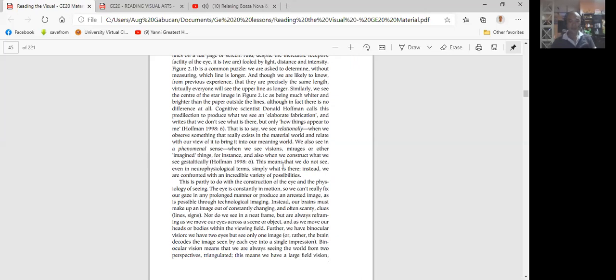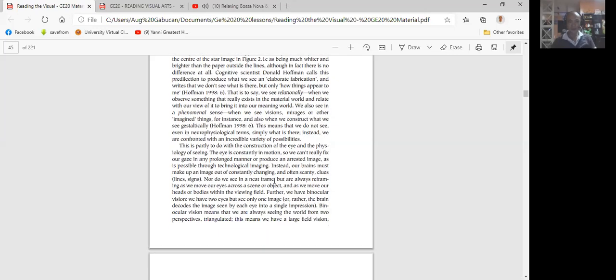gestaltically, this means that we do not see, even in neurophysiological terms, simply what is there. Instead, we are confronted with an incredible variety of possibilities. So this is something to do with the construction of the eye and the physiology of seeing.